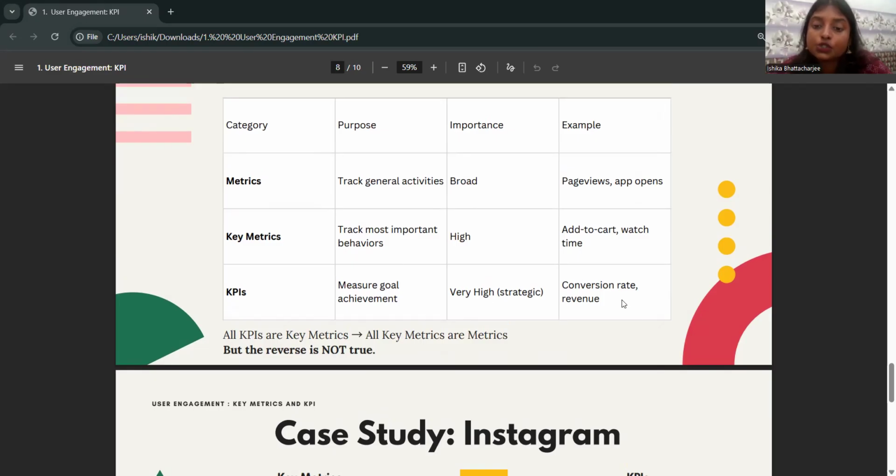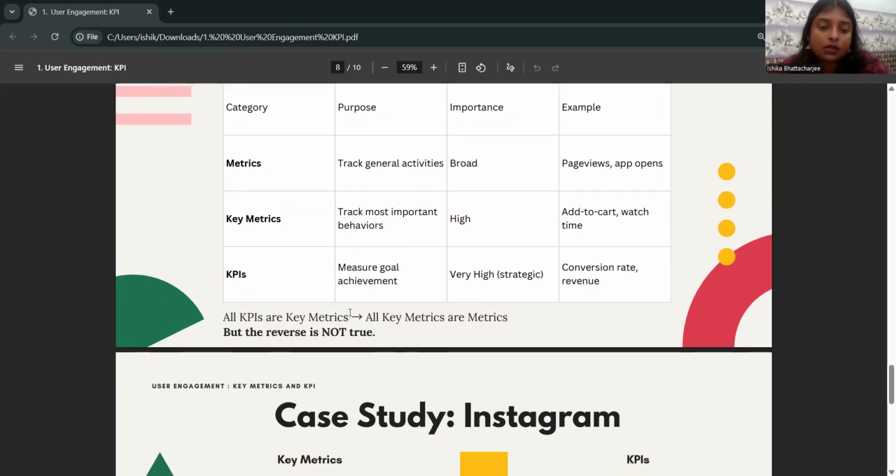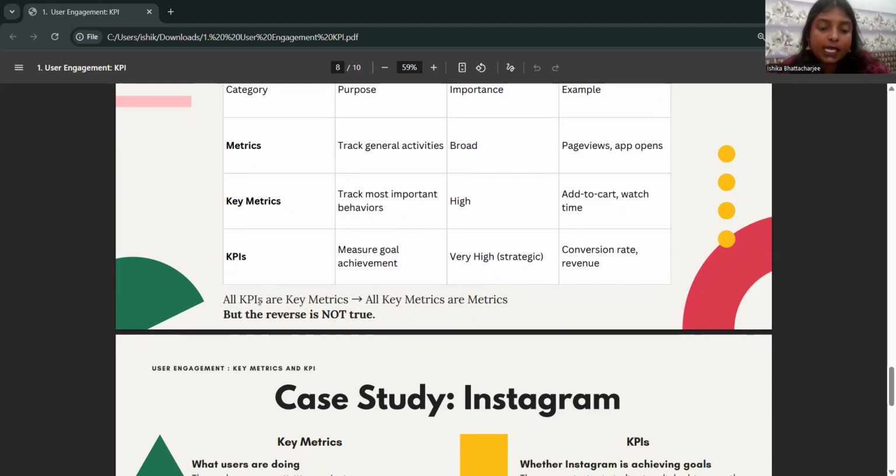The examples are conversion rate or revenue. Of course, if the revenue is high, we are taking that as a KPI, right? Now, there is one thing to note that all KPIs are metrics, but all key metrics are not KPIs. Like every KPI is a key metric, and every key metric is a metric. But the reverse is not true, right?